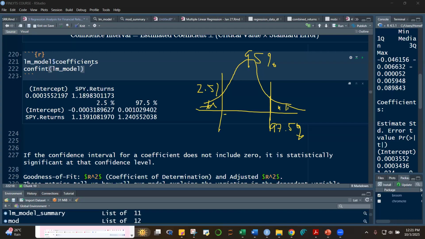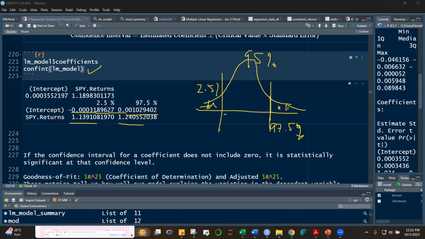The confidence interval tells us that your intercept is between negative 0.318 and positive 0.001, etc., while SPY returns is between 1.14 and 1.24.